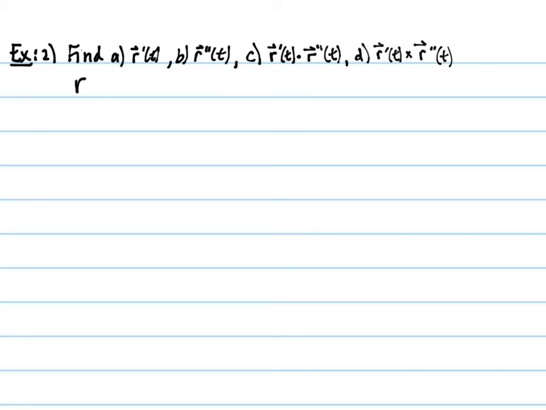And we need an r function for that to happen. So this is for r of t equaling 1/2 t squared i minus tj plus 1/6 t cubed k.